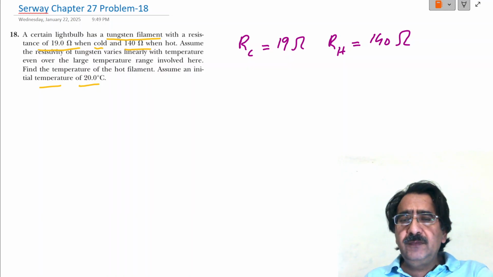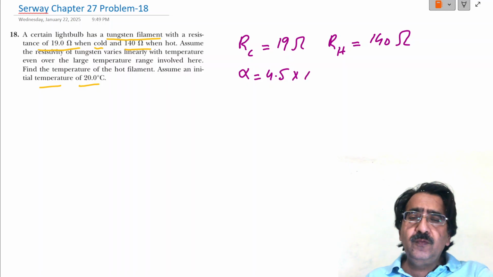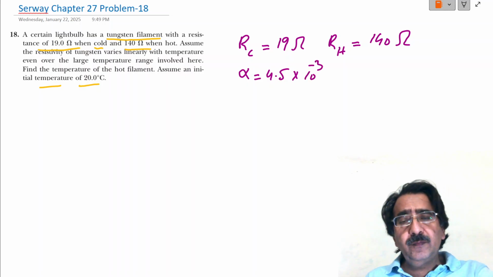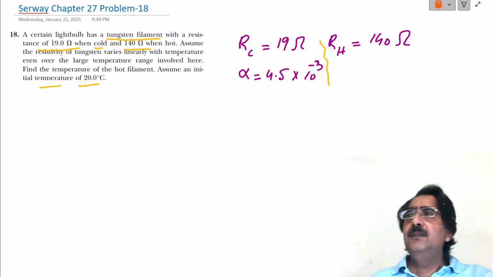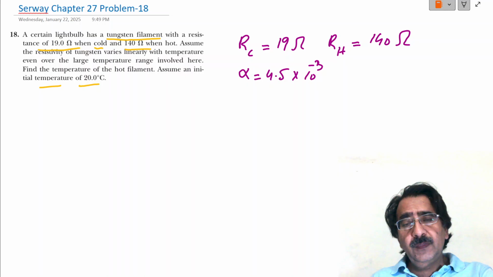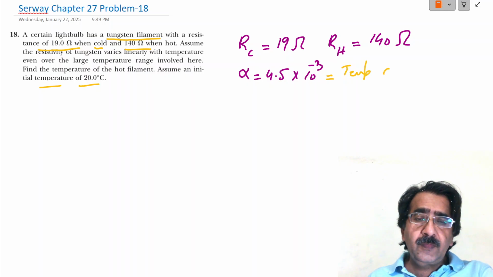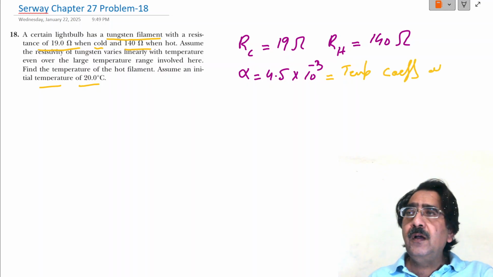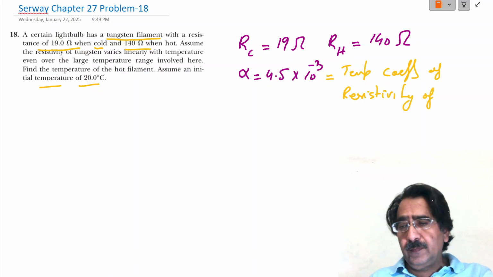As we know, the temperature coefficient of resistivity of tungsten is 4.5 times 10 raised to power minus 3, which you must remember or which must be given in the data sheet. This is called the temperature coefficient of resistivity for tungsten.